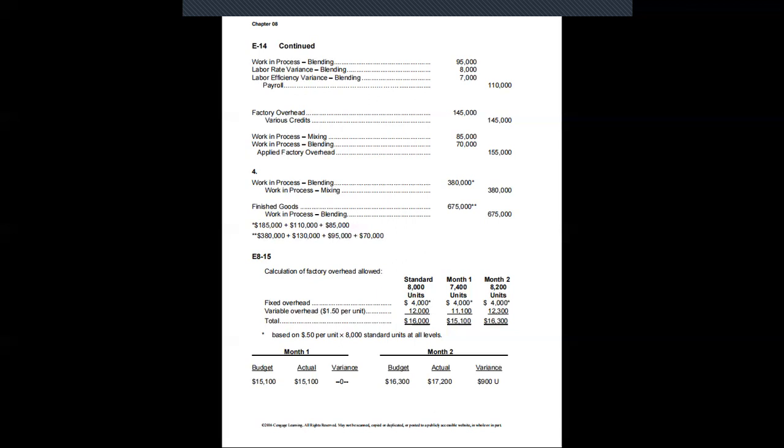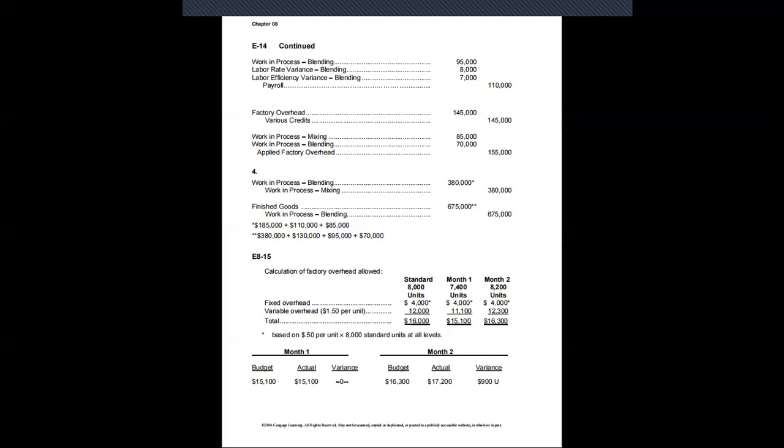Standard application rate for fixed overhead, standard application rate for variable overhead, production month 1 and production month 2, actual factory overhead month 1, actual factory overhead month 2. So we have now the requirement: calculate the amount of factory overhead allowed for the actual volume of production each month and the variance between budgeted and actual overhead for each month.